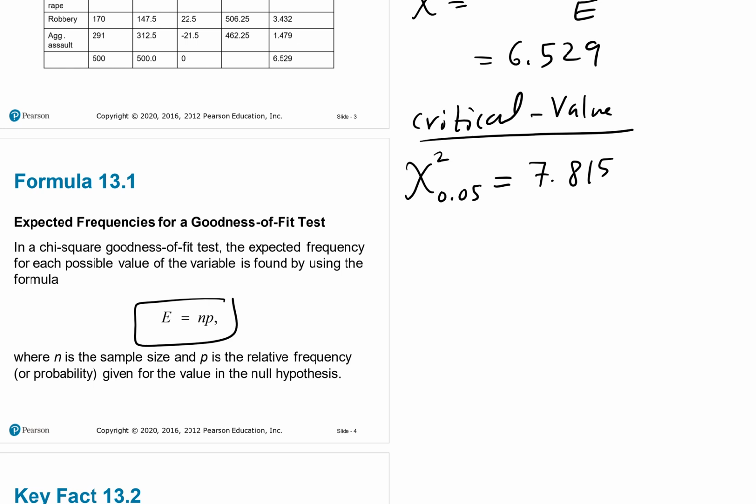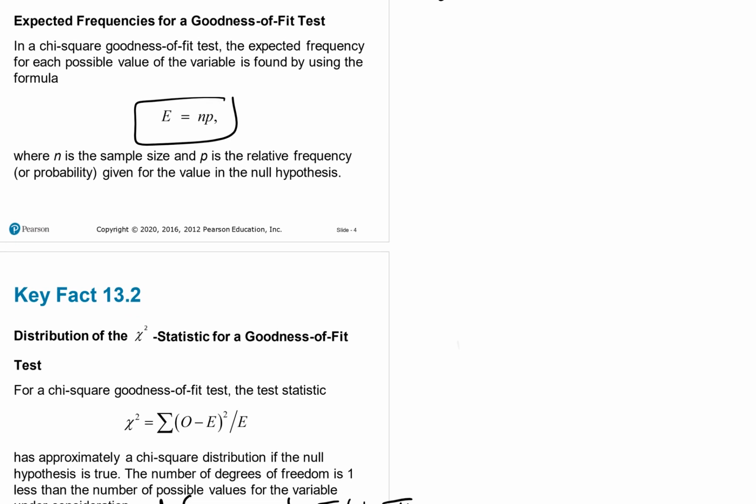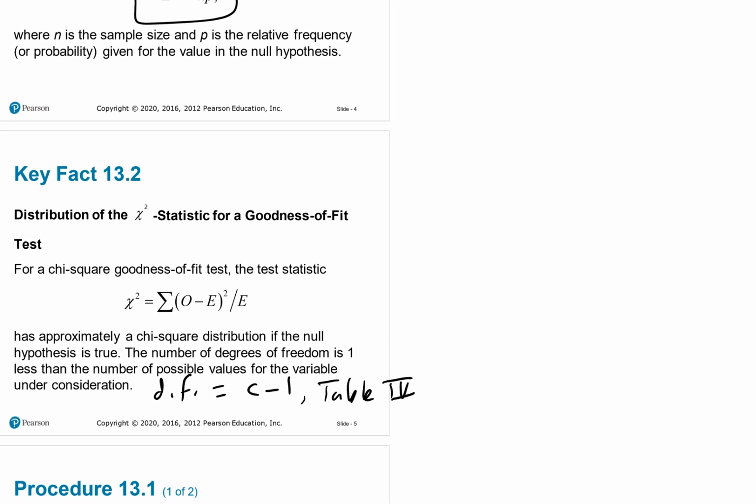Then after you find the expected values, why do we need them? Because the test uses the chi-square distribution that we introduced in the previous section. The test statistic for chi-square is the sum of the observed values minus the expected values, squared, divided by the expected values.